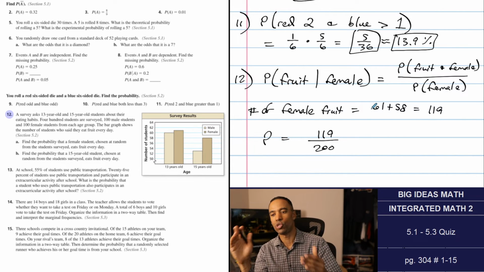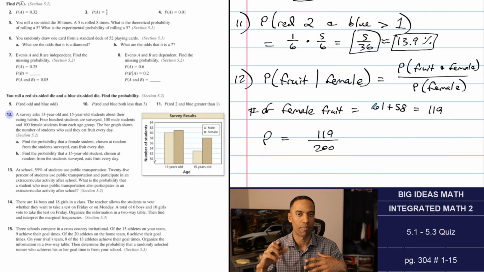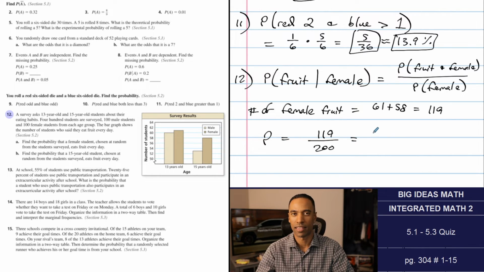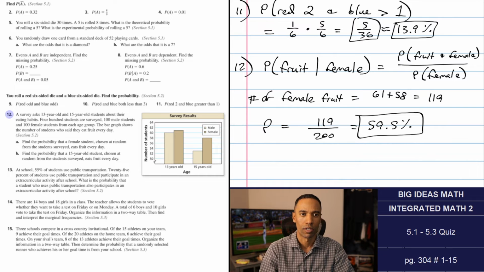I shouldn't have to do 119 out of 400 divided by 200 out of 400. If they're both out of the same amount, 400, this is it. Out of all 200 females, how many eat fruit? 119. So when you divide that, it should be 59.5%, I believe. 59.5% for number 12.